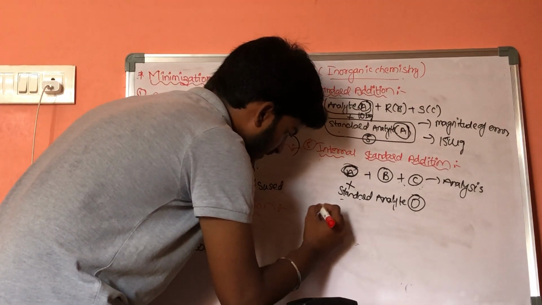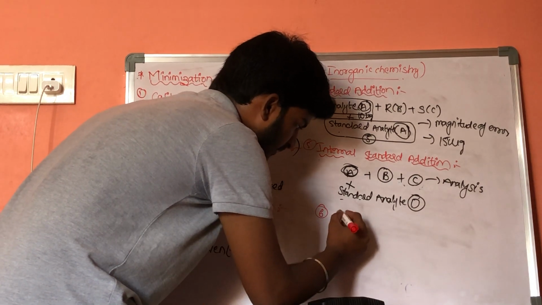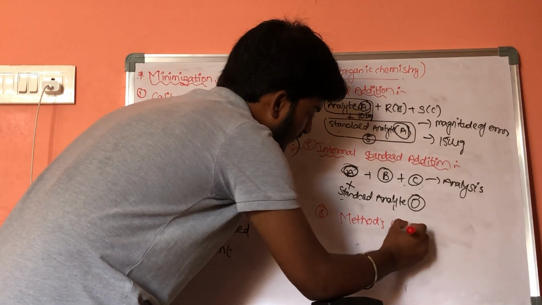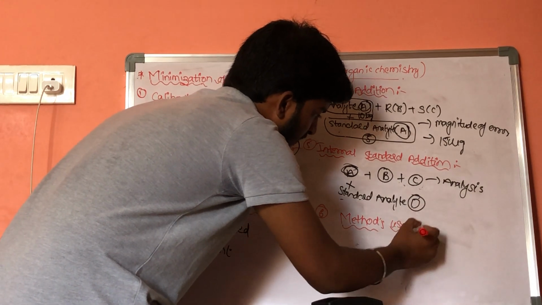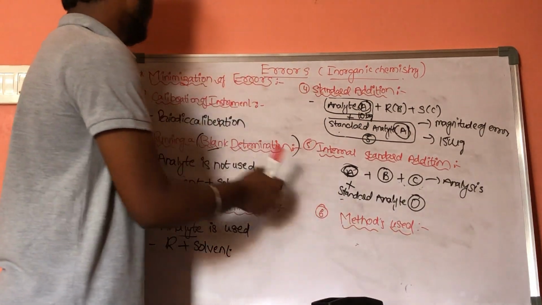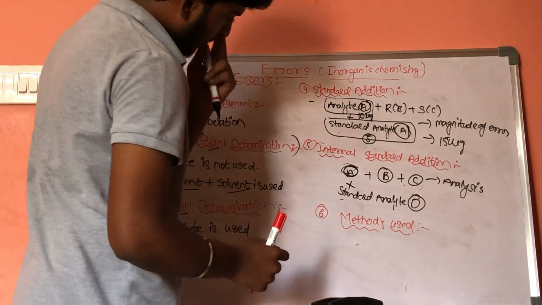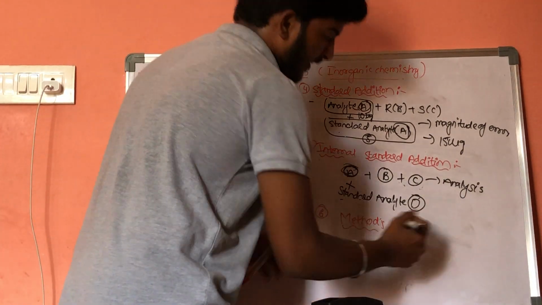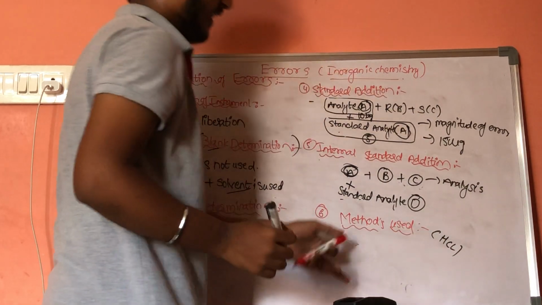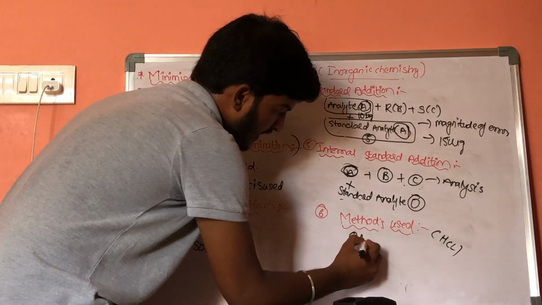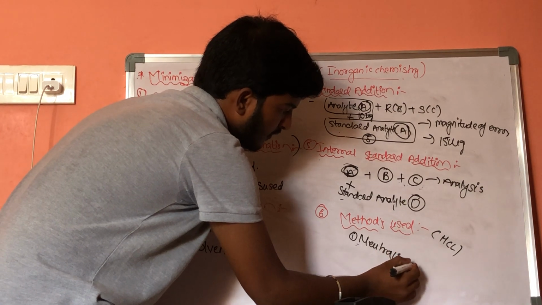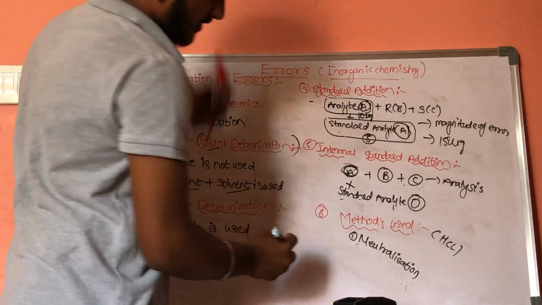Next, sixth one is methods used, which is also one of the most important ways of minimizing error. Now if we want to know about HCl, there are several methods like neutralization, and one more is standardization.